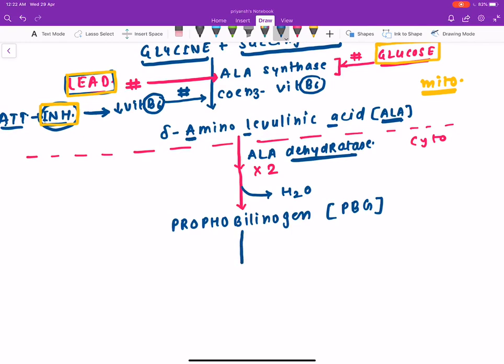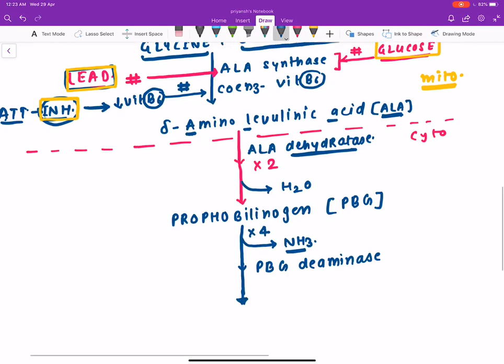Then from the porphobilinogen, we will take 4 molecules and we will try to unite them. When they are trying to unite, ammonia is taken out from porphobilinogen. Because we are taking out the ammonia, the name of the enzyme is PBG deaminase.